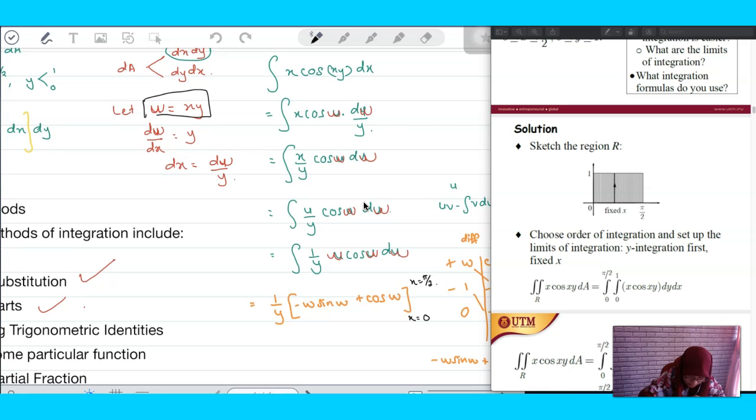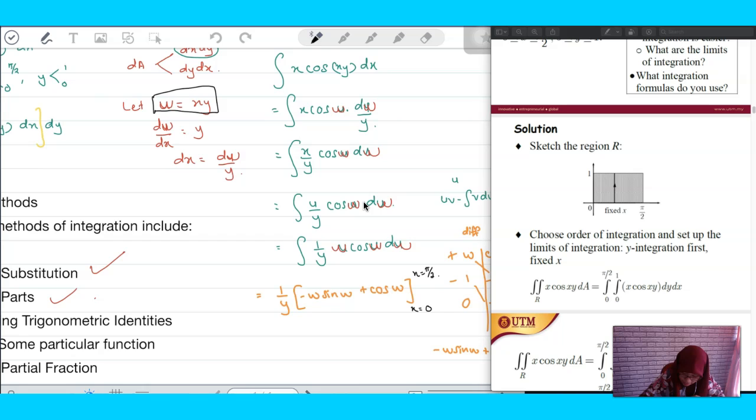So you can just see that when x is 0, your w is 0. When x is pi over 2, your w is pi over 2y.